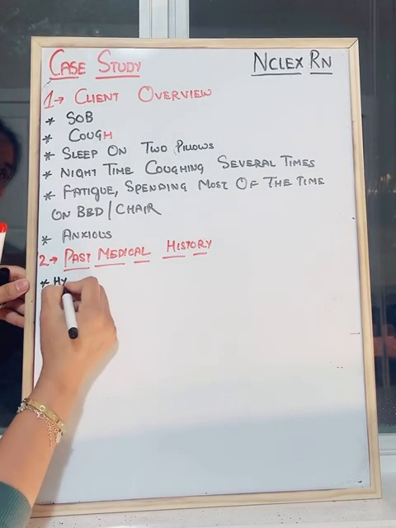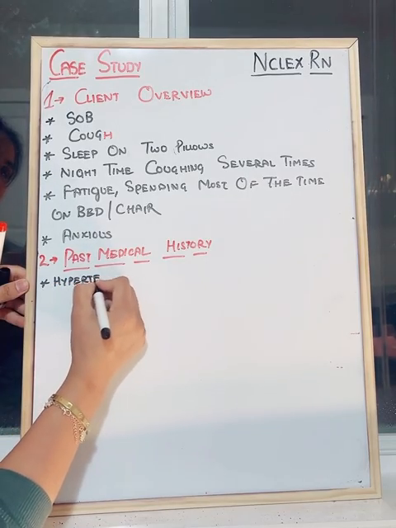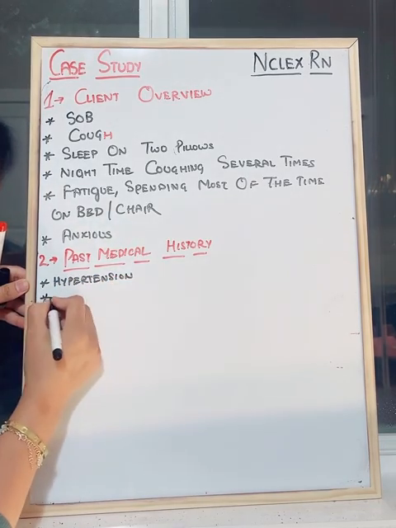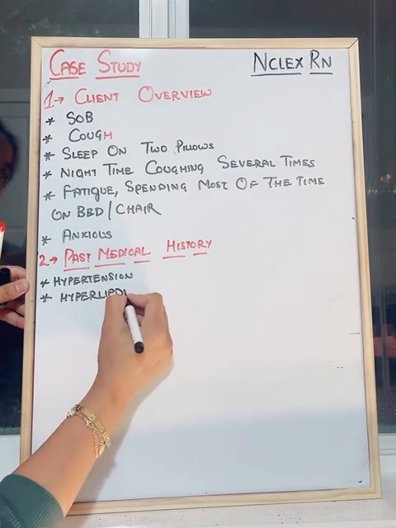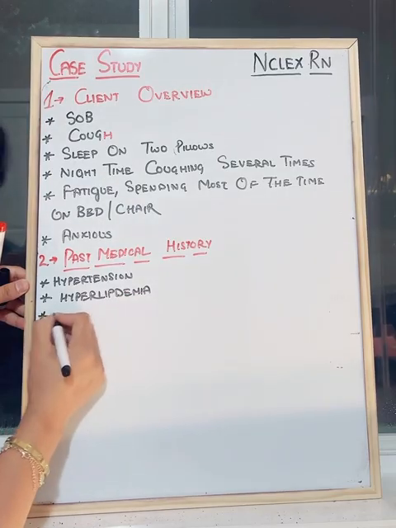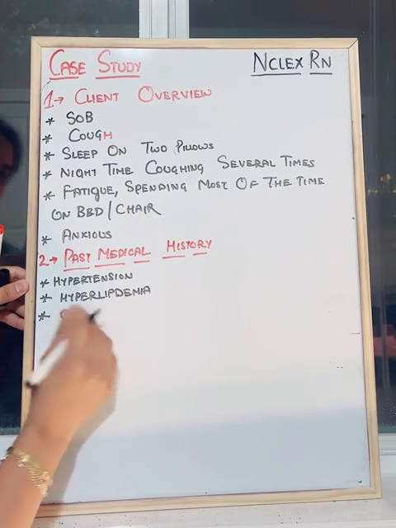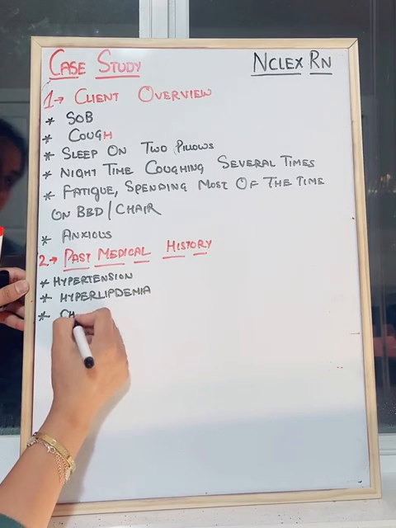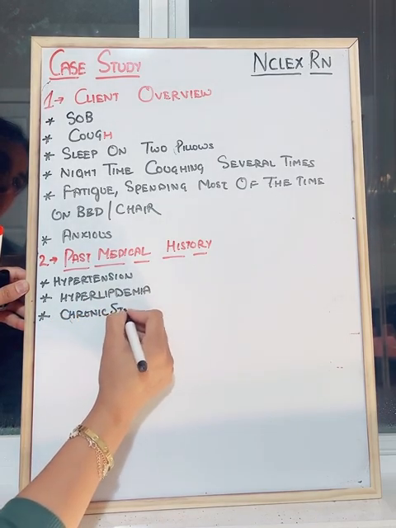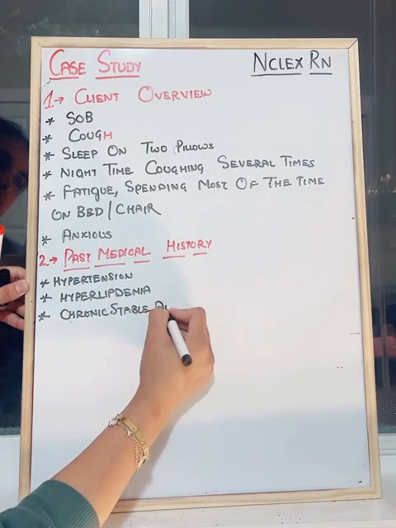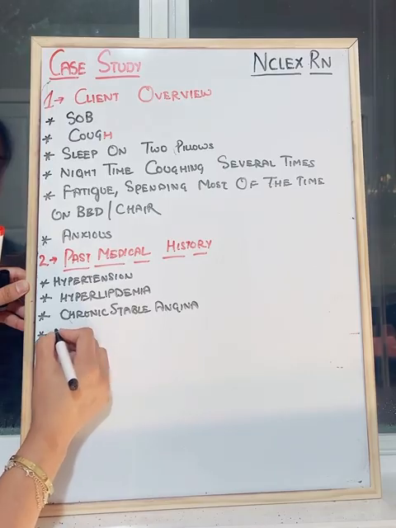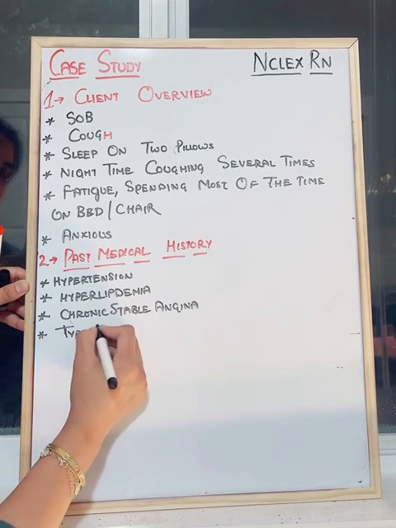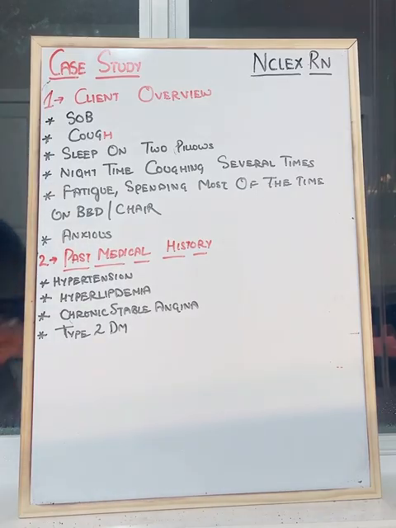Hypertension, second, hyperlipidemia, third, chronic stable angina, type 2 diabetes. This was the past medical history for the patient.